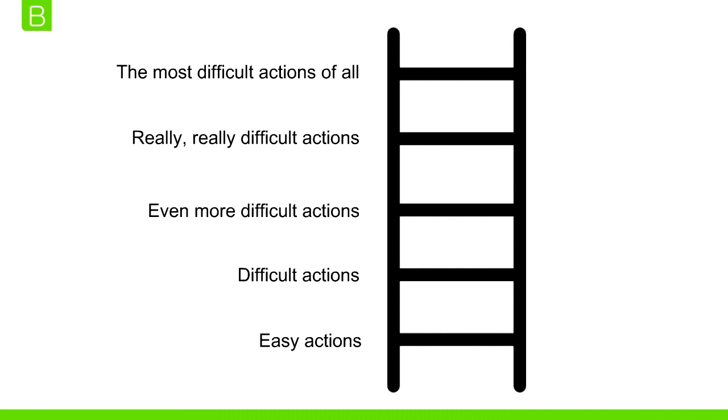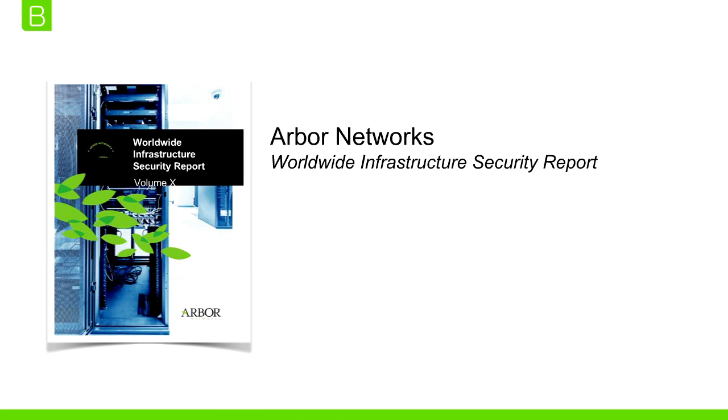Now, what does this mean in practice? I want to talk about a specific example. Arbor Networks regularly publishes their Worldwide Infrastructure Security Report. It's probably not light reading for your next flight, but if you're an information security professional, it's actually a really invaluable collection of insight from one of the world's foremost leaders in network infrastructure and security.